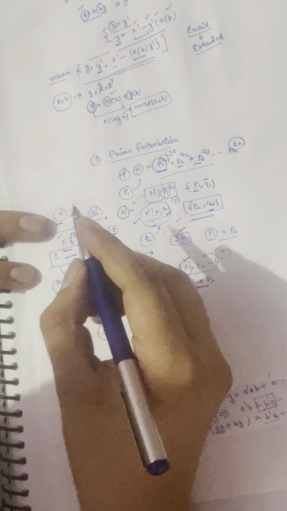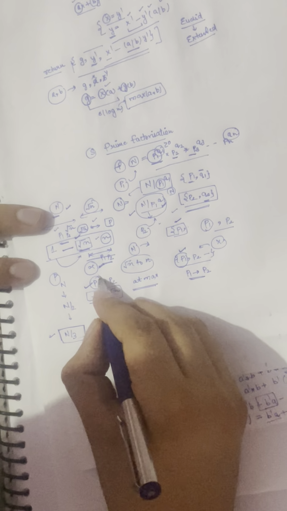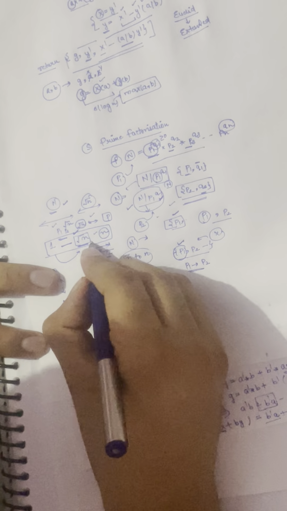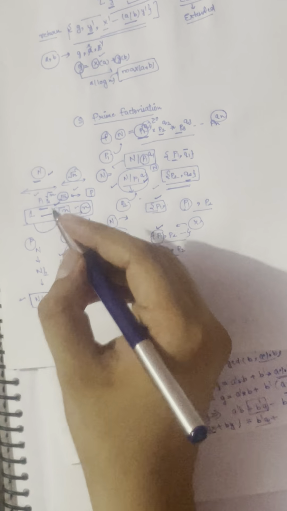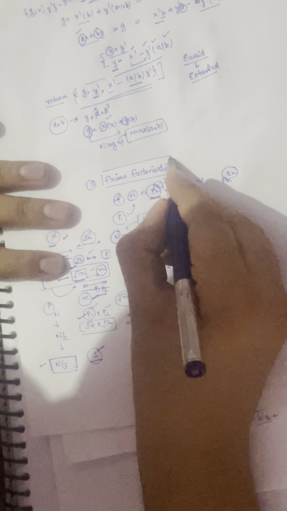When we divide by all the factors, p1, p2, and whatever the remaining number, if that number is not equal to 1, then that's the last remaining prime factor.